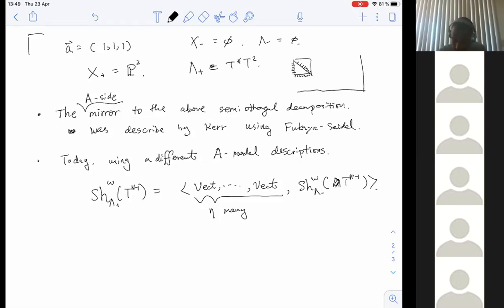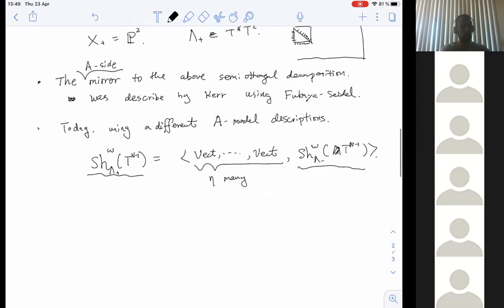But I want to start purely from the A side, without the help of the known B side result and without the help of the coherent constructible correspondence. I want to be able to see how to relate this category and this category. So the goal, or the question, is to understand this semi-orthogonal decomposition purely using constructible sheaves.